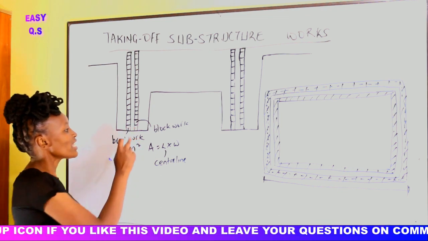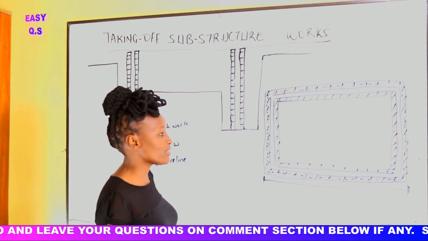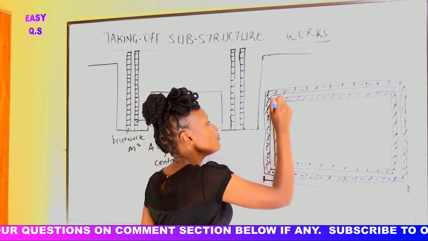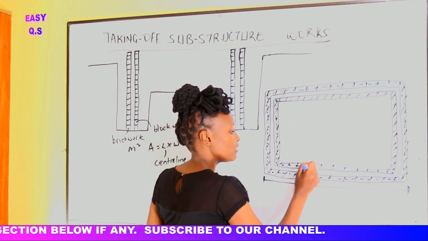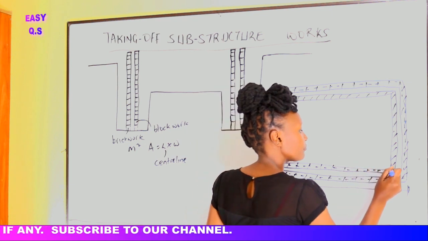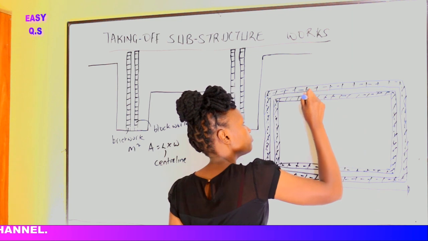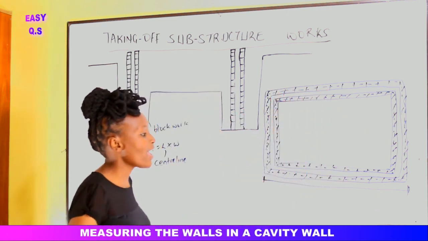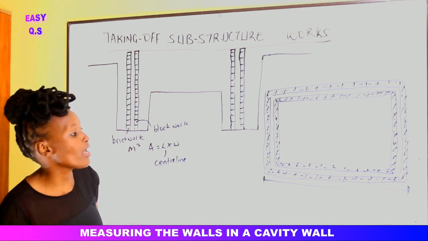We shall take the center line of the blockwork times the height. So how do we calculate the center line of the blockwork? We shall have to find this center line here. We shall come to the center line of the blockwork here. Then we multiply by the height. Alright, so we shall get the area of the blockwork.